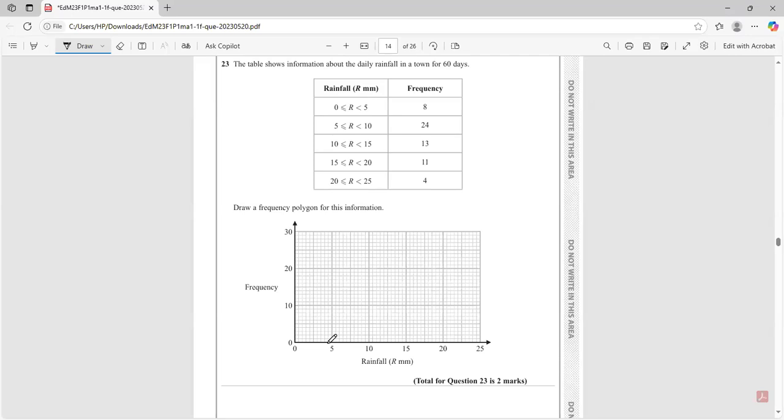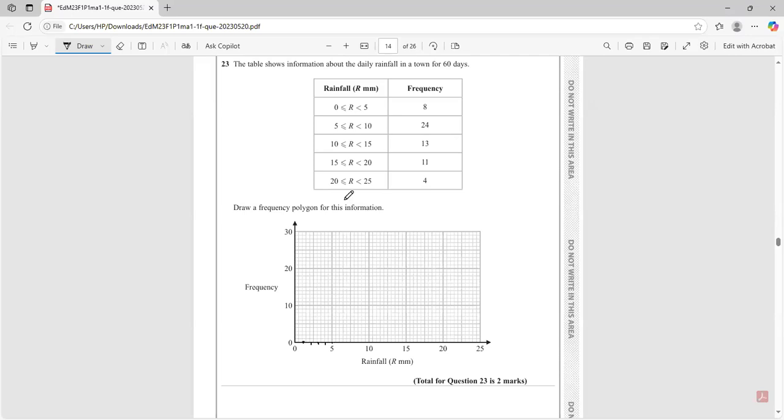Can you draw the graph for this? Okay, let me see if I can quickly do it. So this is 1, this is 2, this is 3, this is 4, and this is 5.